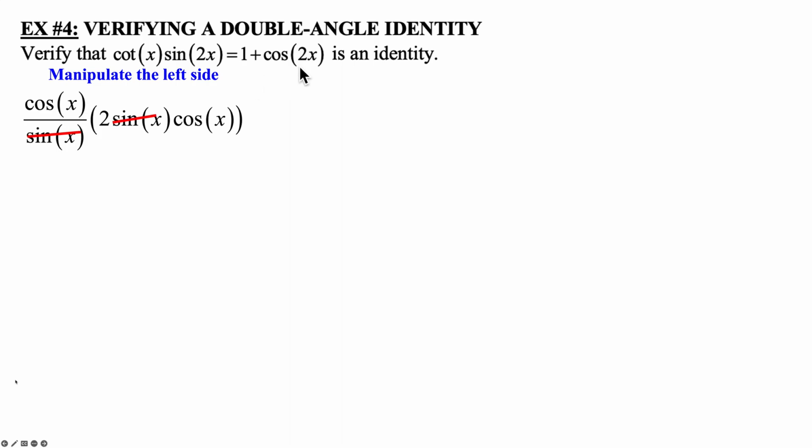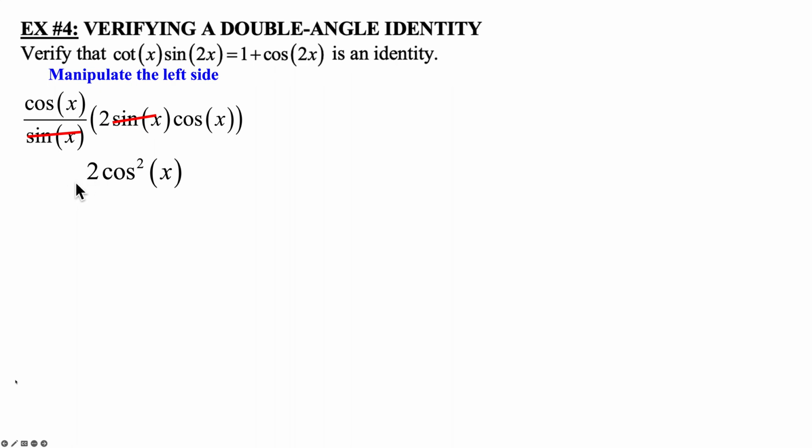So, like I said, we'll cancel those sine of x, and now we're left with cosine x times 2 times cosine x, which is 2 cosine squared x. Okay, well, wait a minute. I have cosine squared x, but I don't have a 2 multiplied to it. I have a 1. Let's see. How am I going to magically create another term?